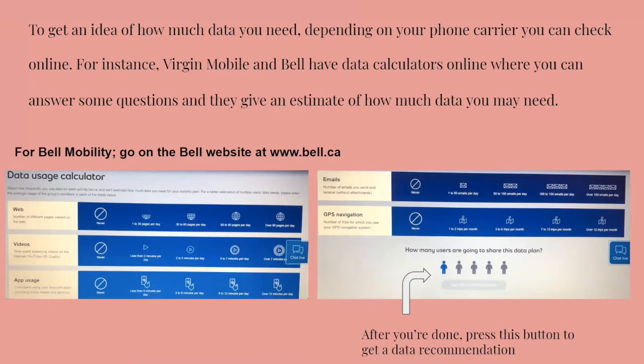As you can see in the photos, they'll ask you how often you visit websites, how often you watch videos each day, how often you use apps, how often you open emails, whether you use GPS navigation, and how many people are going to be using the data in total.